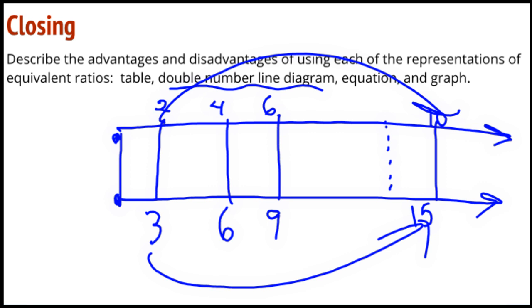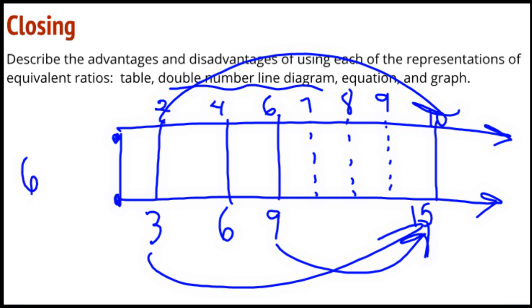What if I've got 9 tablespoons of water? And then I can do some work here. So 6, 7, 8, 9, and I can see that this distance here, 9 to 15, which has a total of 6, has been divided into 4 pieces.